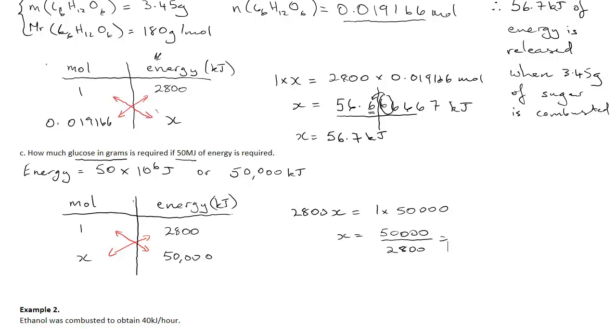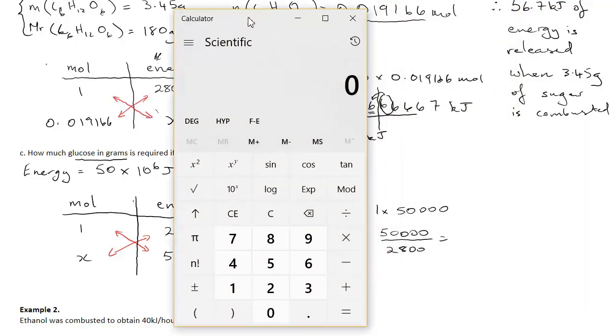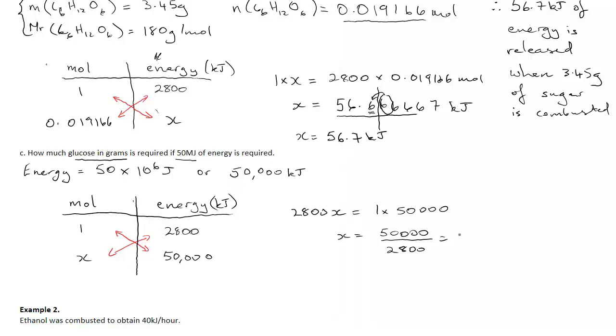So let me just calculate that. 50,000 divided by 2,800. So 17.857, and that's in mole. Okay, so we know what x is.